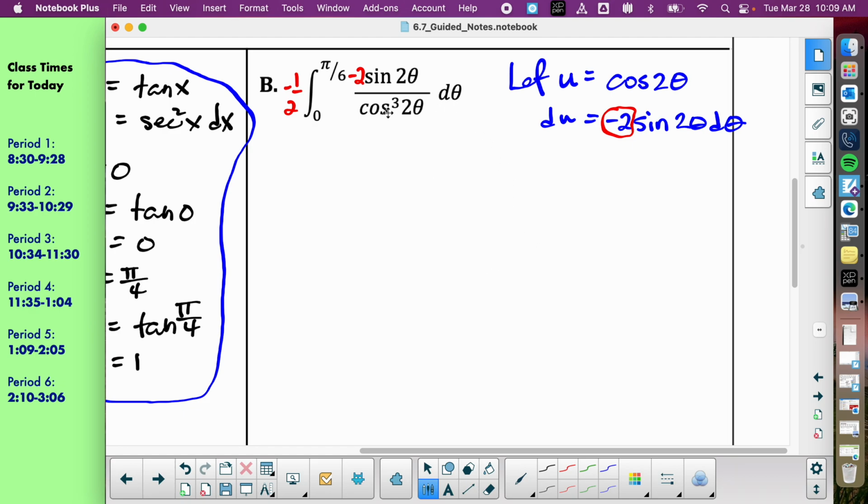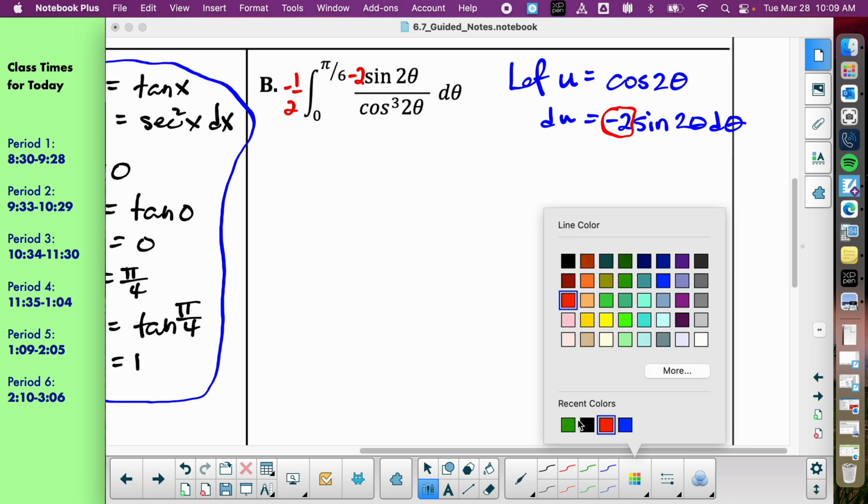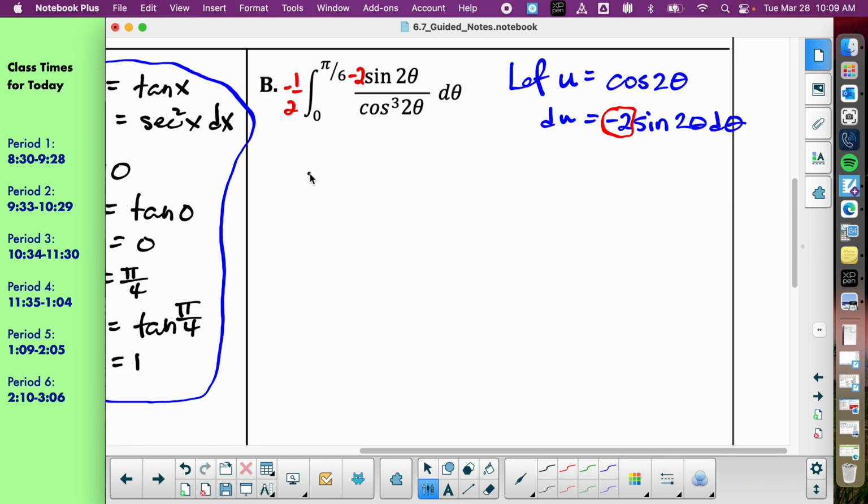Okay, now, if I substitute, I'm going to have the integral. I'm going to put the negative 1/2 up front. The numerator is going to become du. The denominator is going to become u cubed.